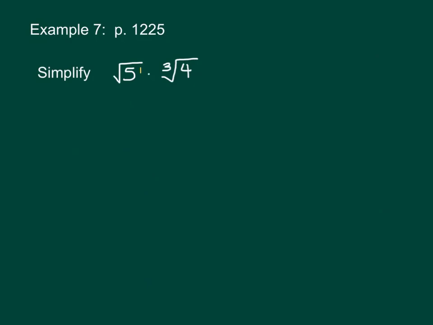So remember, this is 5 to the first, and the square root is implied to have a 2. So this is going to be the same thing as 5 to the 1/2 times, again, if there's not an exponent, it's understood to be 1, so this is going to be 4 to the 1/3. So now we need to get a common denominator for the exponents for the fractions.